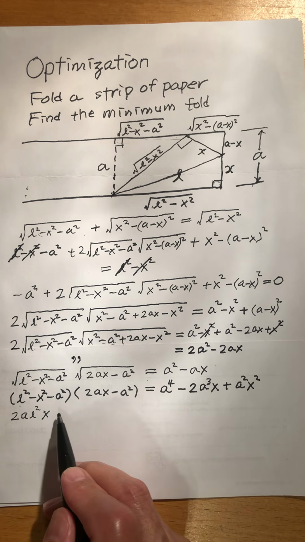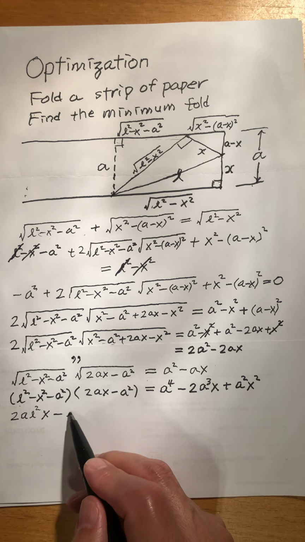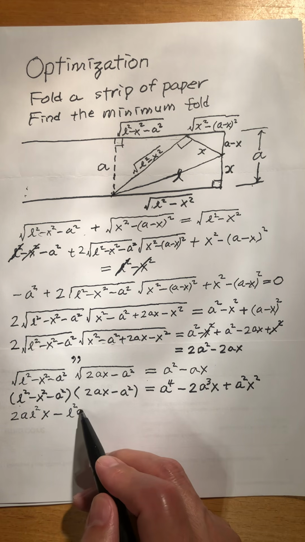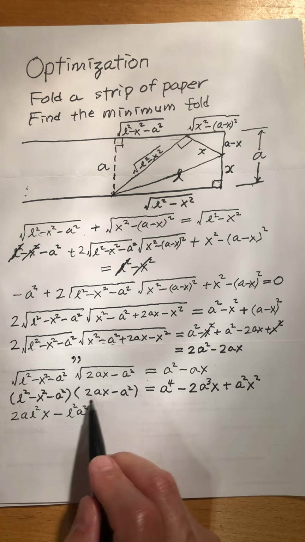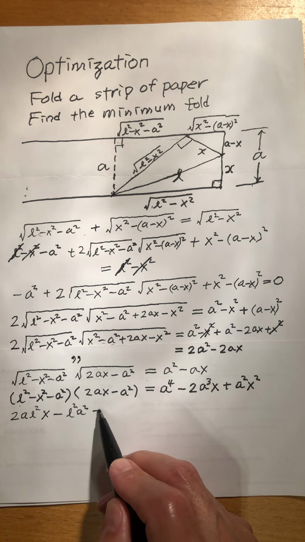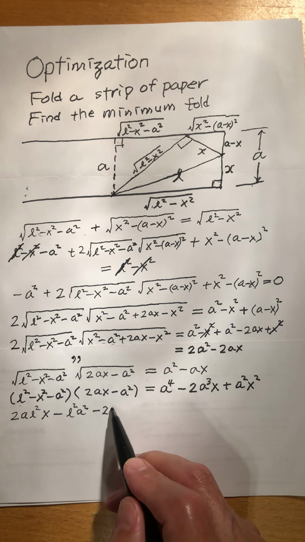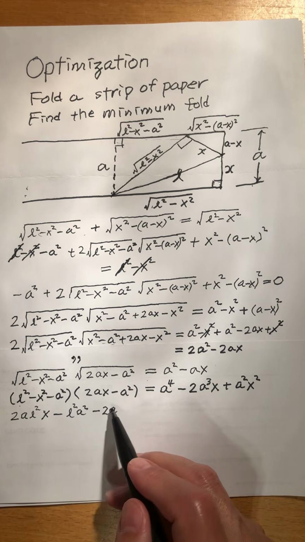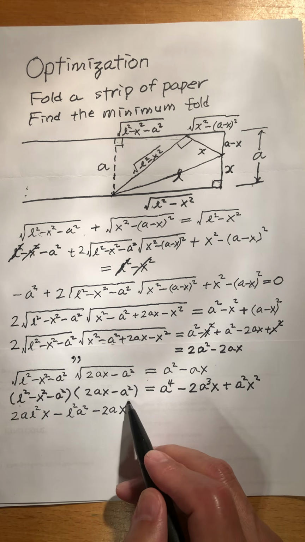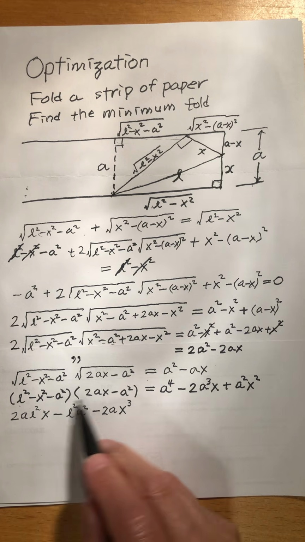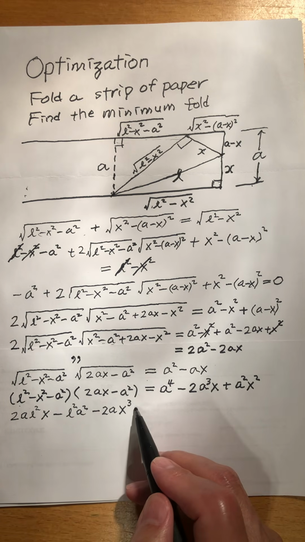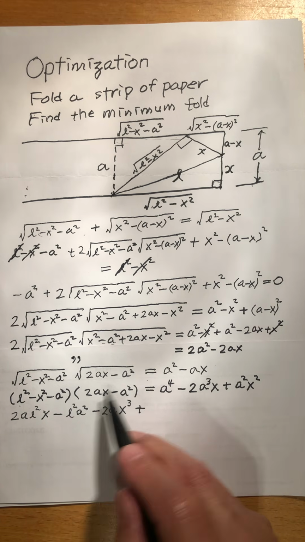This times that, minus L squared a squared. This times that, it's minus 2a and x cubed. And this times that, minus minus is plus, so a squared x squared.